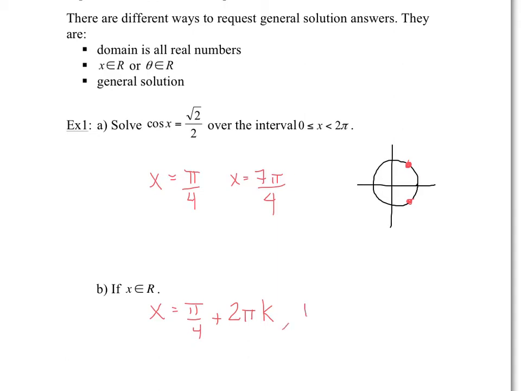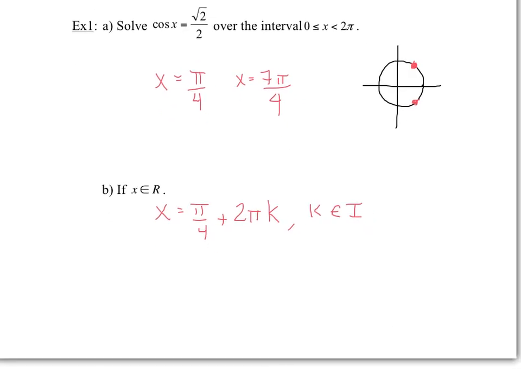So we have to say that k is an element of the integers. What this means is that k must be a whole number. So k can be 1, 2, -5, -10. All that means is it's going to add a certain amount of full revolutions, so that way you end up at that point. But notice that we have 2 points, we have this one and we have that one.